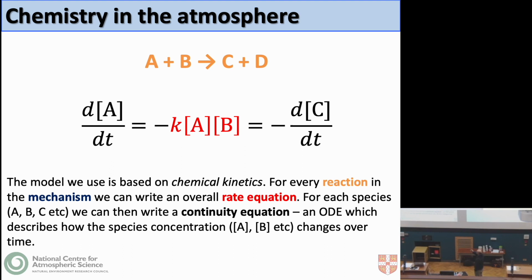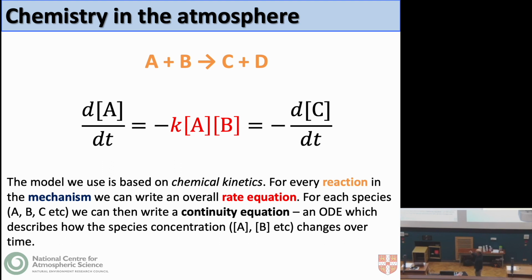So if this reaction here has some coefficient which tells us how efficient the reaction is, we could give that coefficient a letter K. What we term those Ks is rate constants, because they're kind of constants for this reaction.